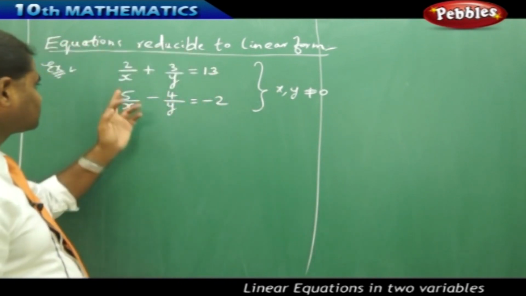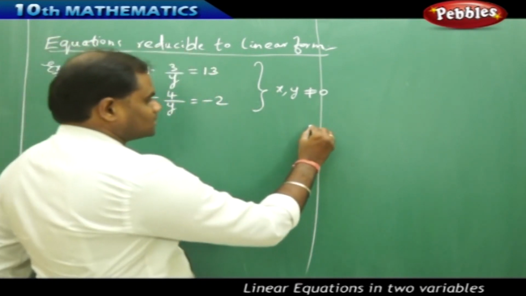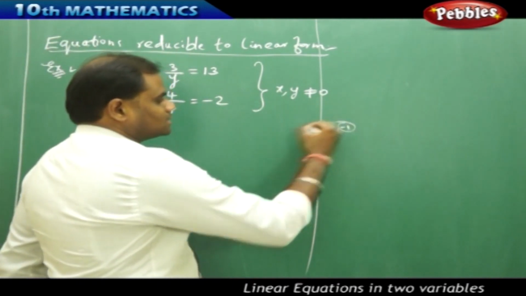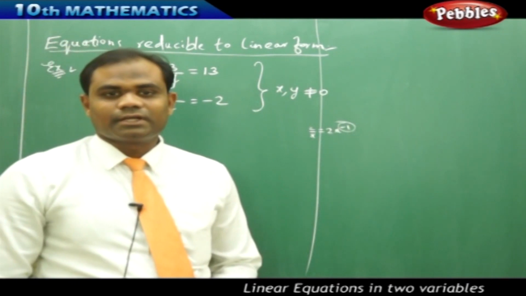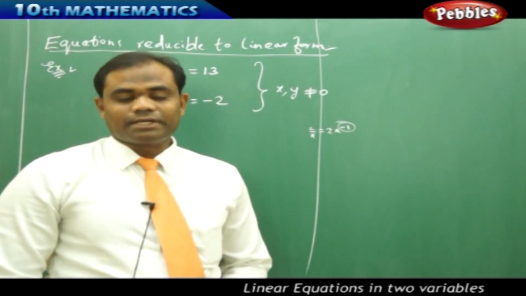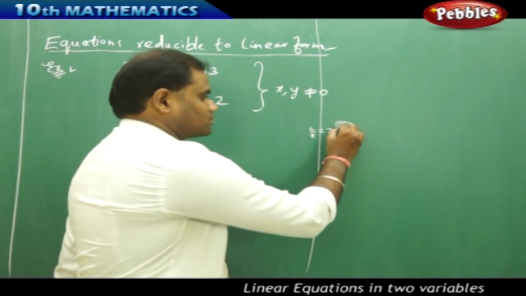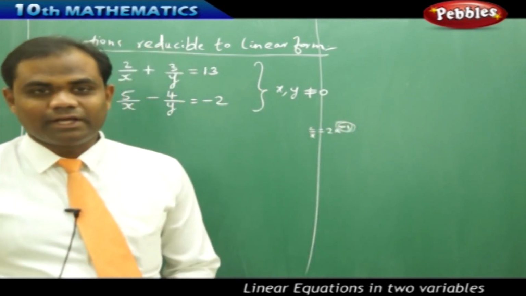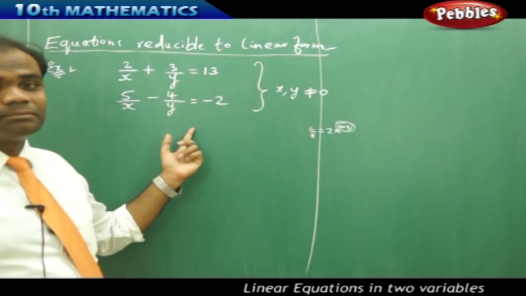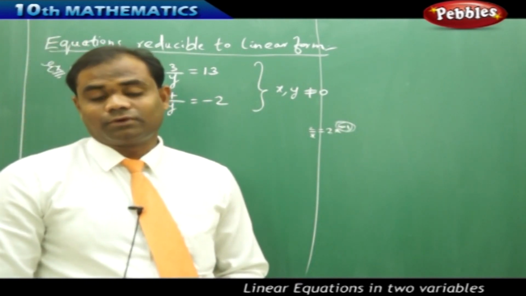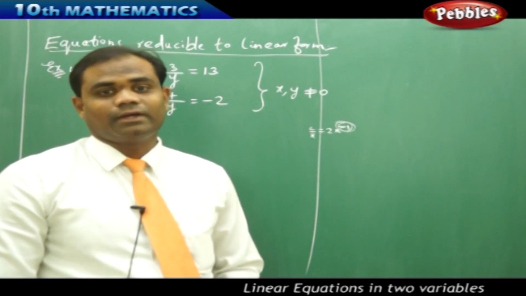If I write 2 by x as 2x inverse, then this is a negative integral power, which is not the case in a linear equation. Therefore, equations of this type are called non-linear equations in two variables x and y.